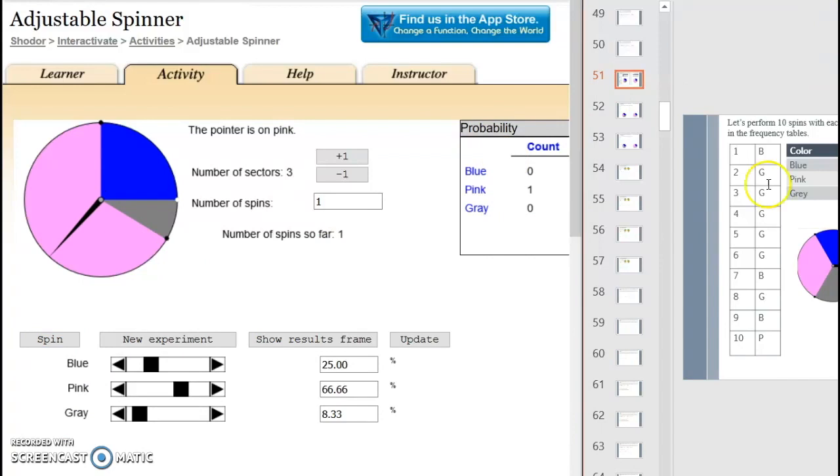So we got pink first. Then we got blue. Another blue. Pink.